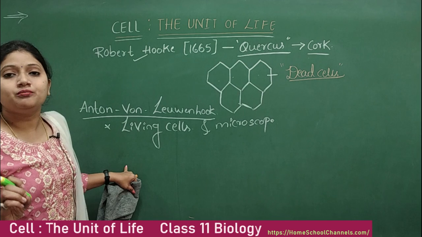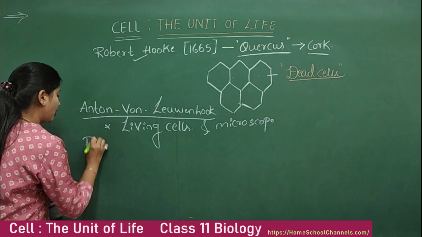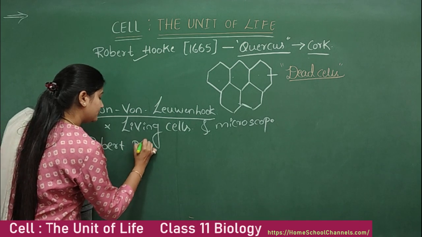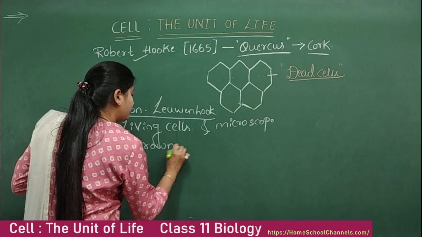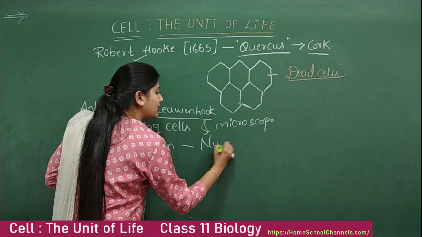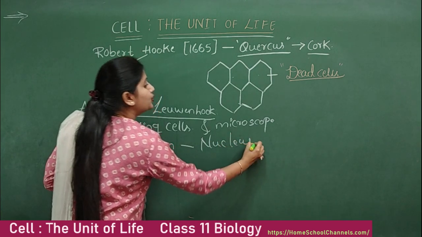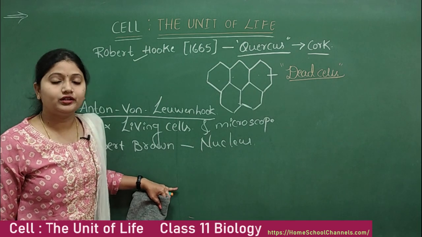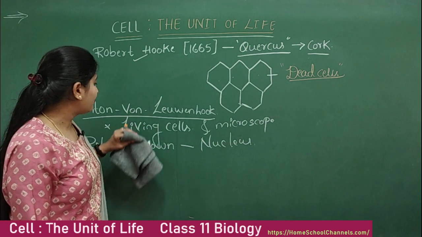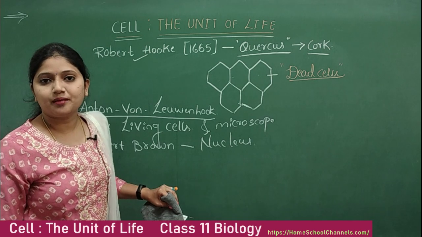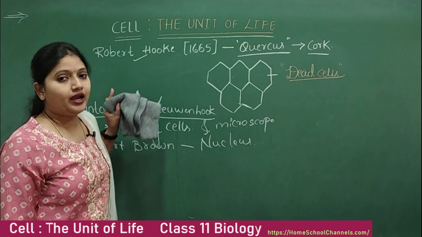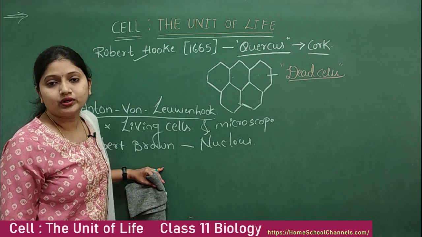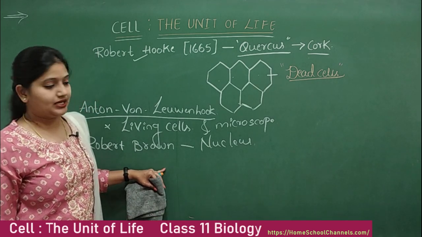Among them, the most important one is Robert Brown, who discovered the nucleus. Okay, Robert Brown is the person who discovered the nucleus. See, these are very important names in this chapter. Robert Hooke, Anton van Leeuwenhoek, fine, and then Robert Brown, who discovered the nucleus.